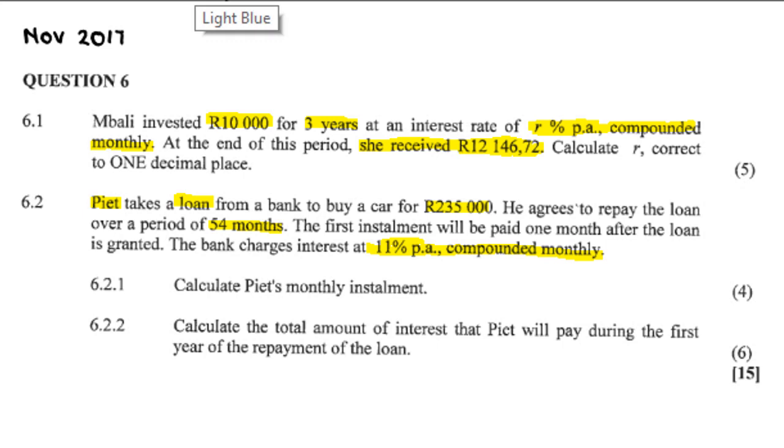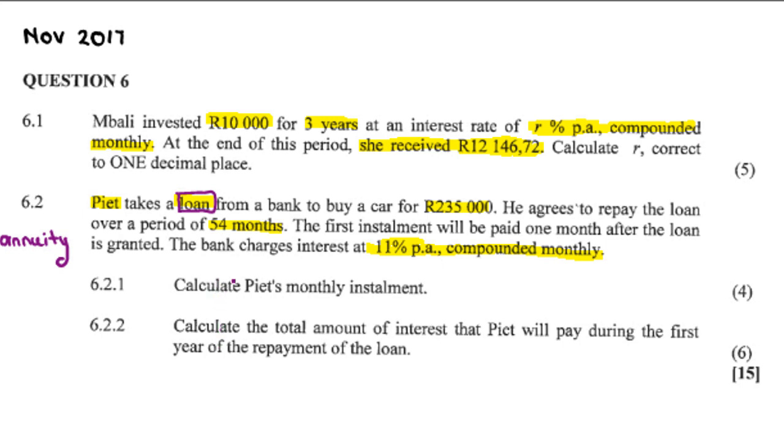Now we have an annuity. So question 6.2 is an annuity. Why? Because we have a loan, and he's going to be paying off a loan, obviously, every month using equal repayments.